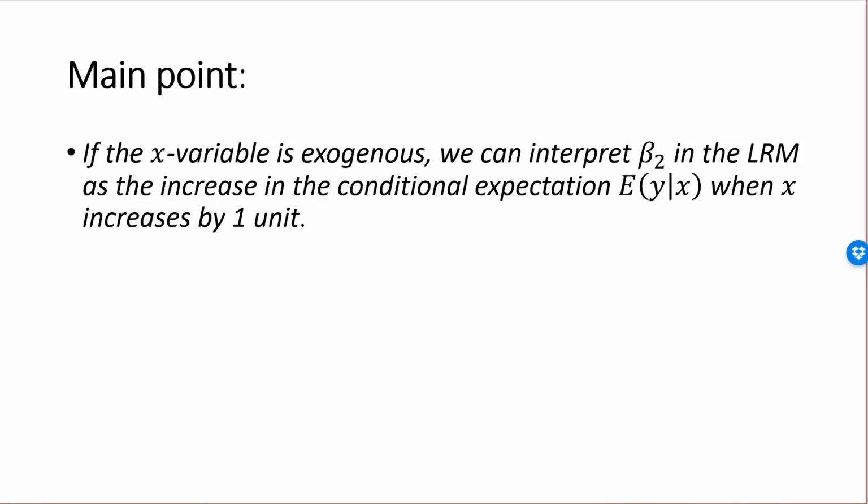That's what makes beta 2 so important, because it's precisely these kind of questions that we tend to ask in economics. Questions such as, if an individual has one more year of schooling, what's the increase in the expected income from that? That is, how much does an individual gain in income per year, say, by doing one more year of school?